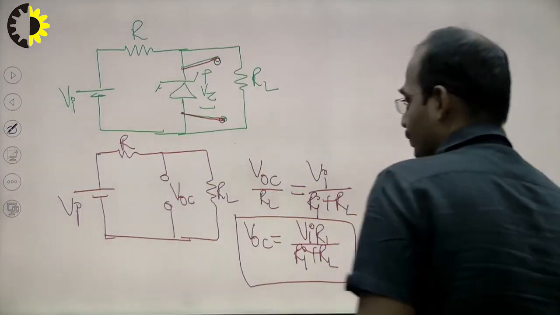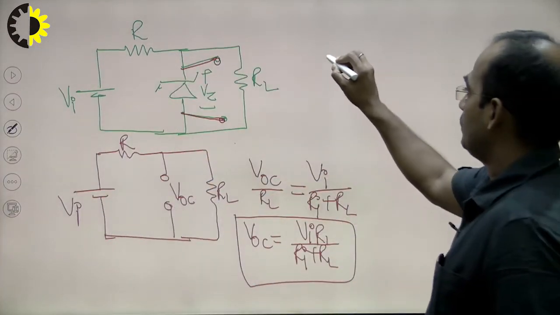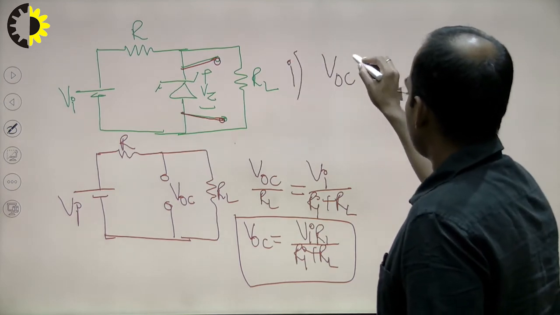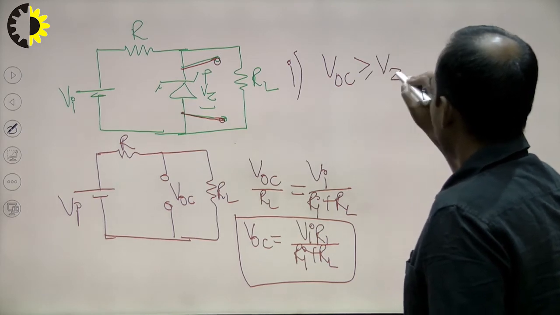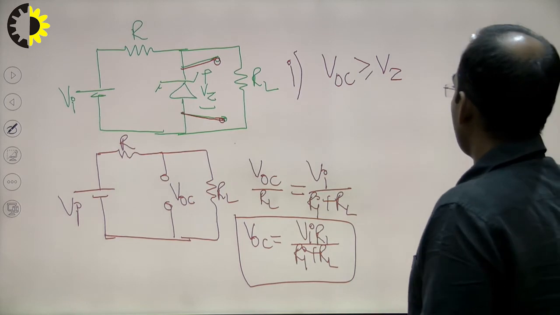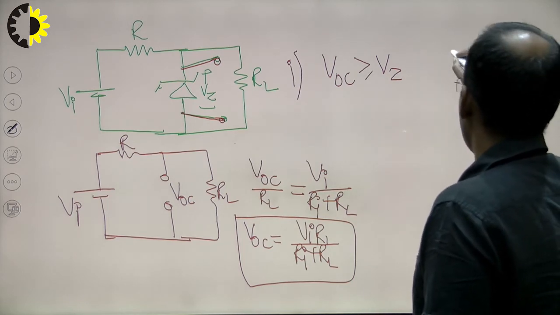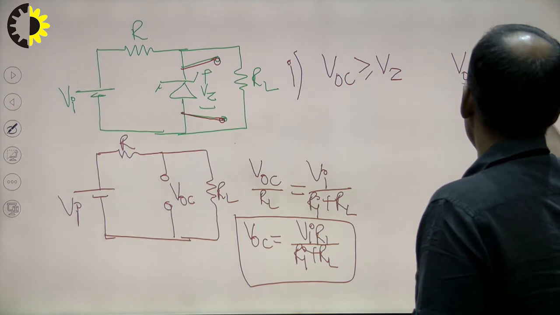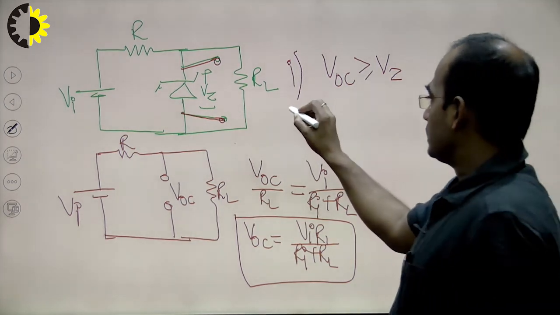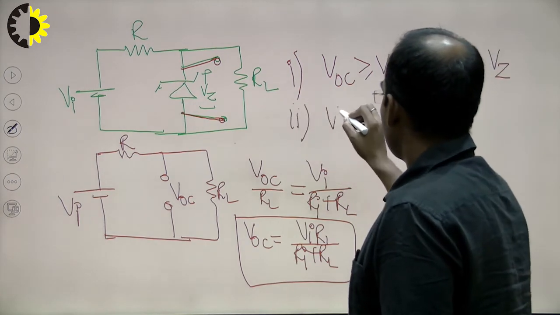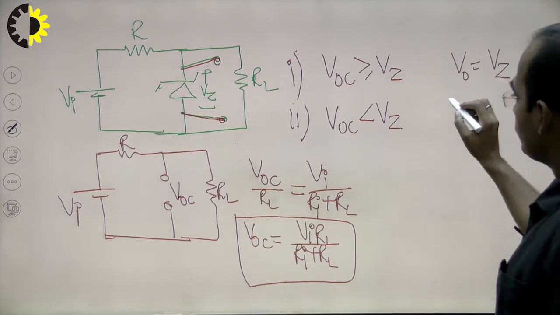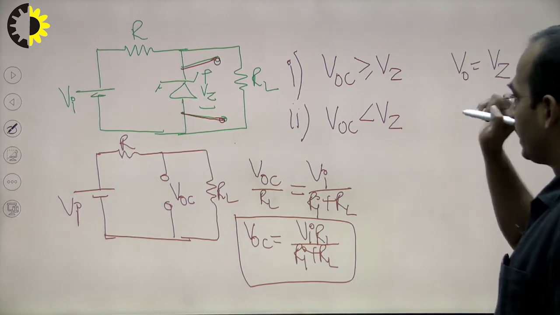Now after finding the value of open circuit voltage, I will check. In case 1, if VOC is greater than or equal to Vz, in that case the Zener will conduct, current will flow through the Zener diode, and output voltage will be equal to the Zener voltage. In the second case, if VOC is less than Vz, then the Zener will not conduct and it will behave as an open circuit.